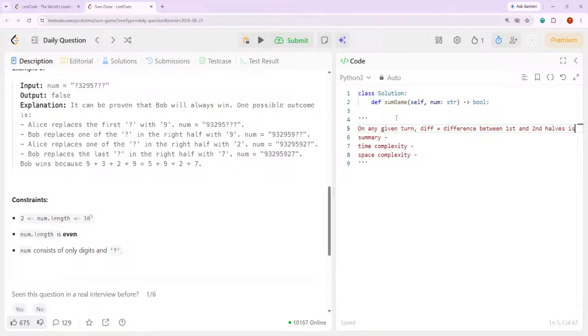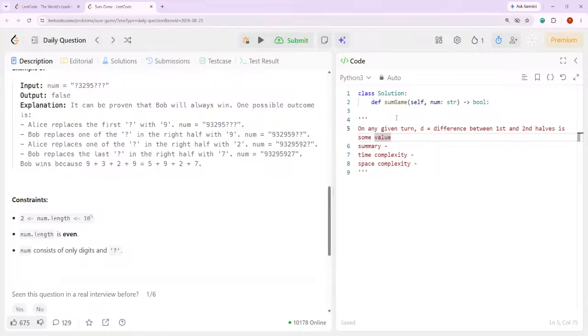It's some value, let's say it's D. So Bob would need to, it has to be true that Bob has the last move, I want to say.